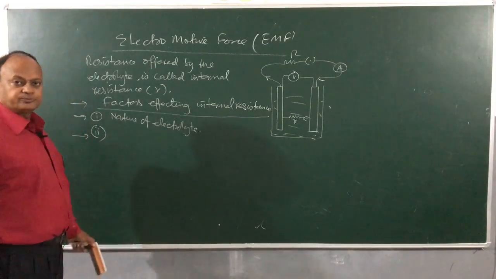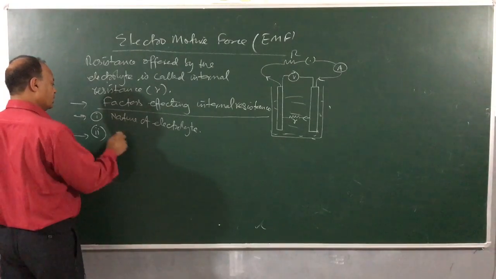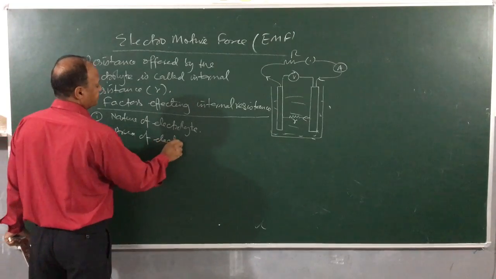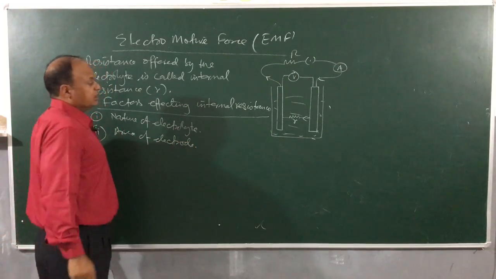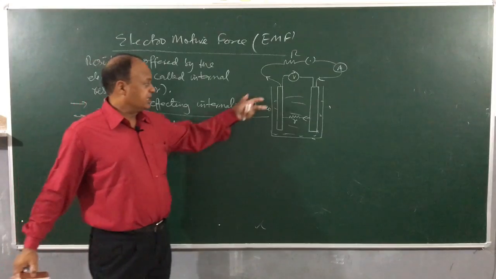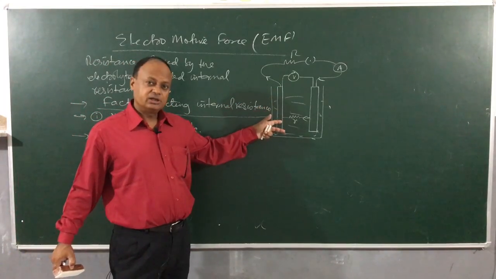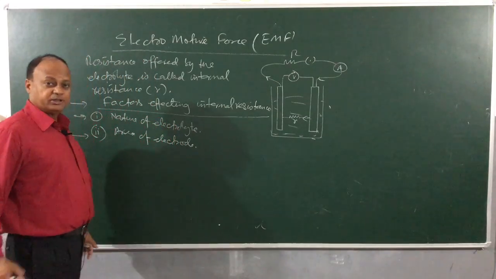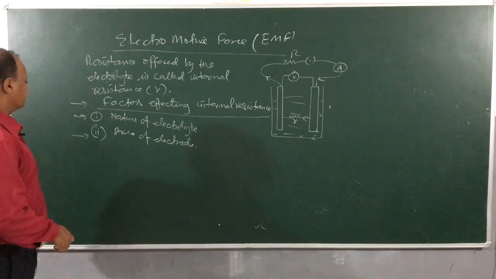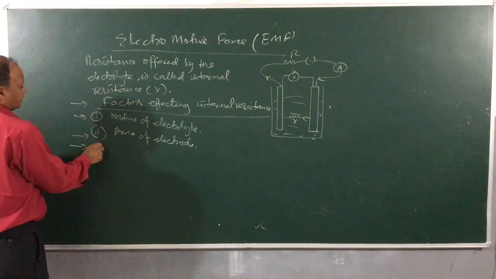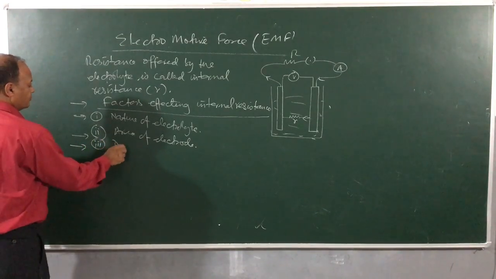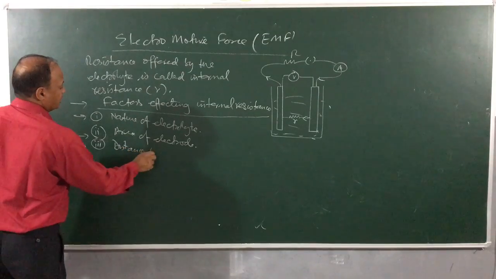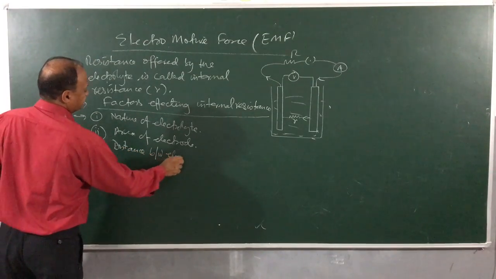Number 2, area of electrodes. Greater the area of electrodes immersed inside the electrolyte, less will be the internal resistance. Number 3, distance between electrodes.